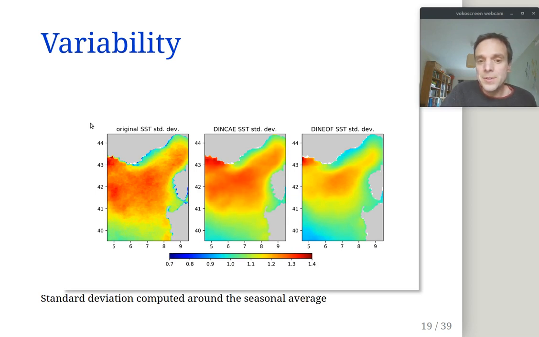And we were also looking at the variability around the seasonal mean, and it was quite interesting to see that the reconstruction has a fairly realistic variance around the seasonal mean, while DINREF did underestimate this variance a bit. So this is also a quite interesting result, that the method is not only more accurate but also has more variance than another reference method, DINREF in our case.